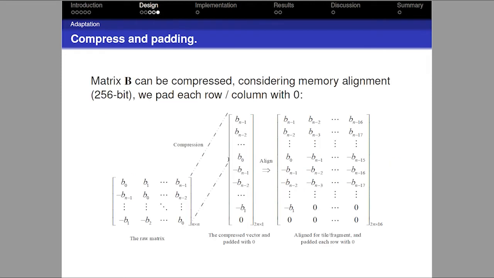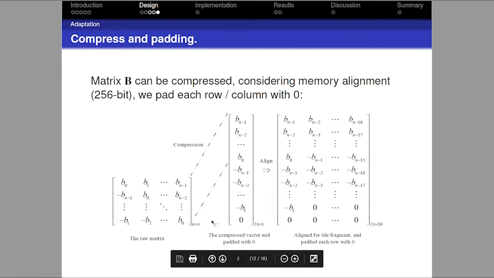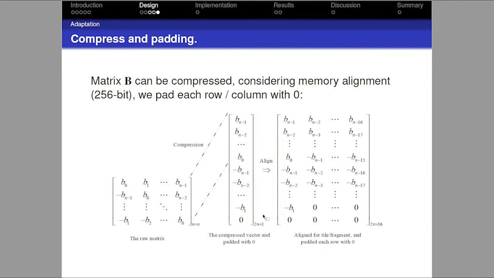Moreover, matrix B can be compressed to reduce memory access. The size of the matrix is n multiplied by n. Then we compress it to 2n. After that, considering the requirement of memory alignment, we pad each row with 0.